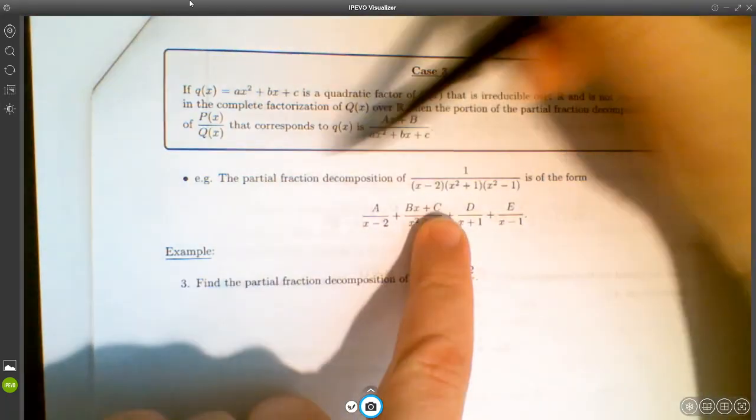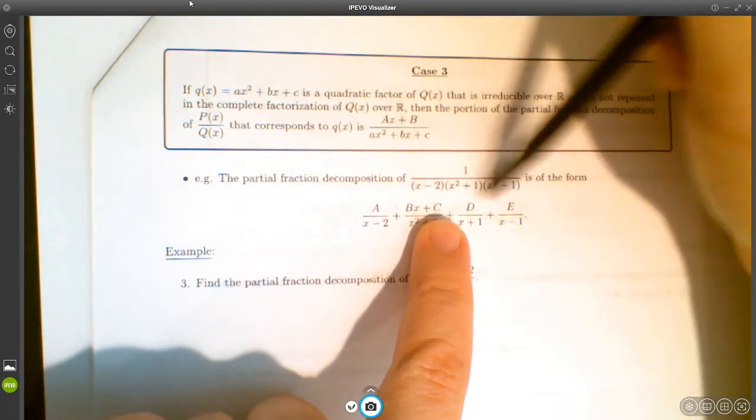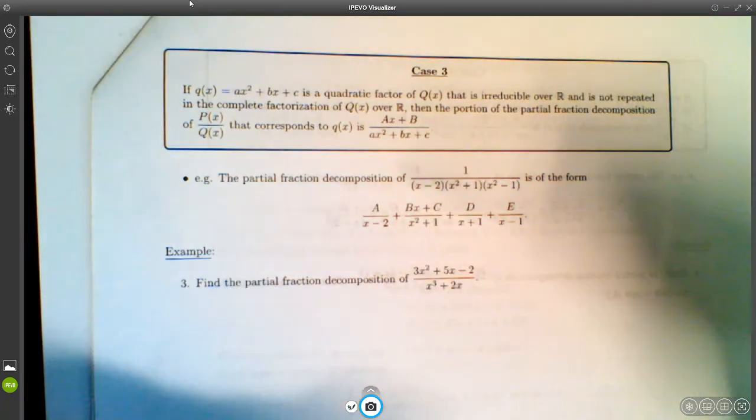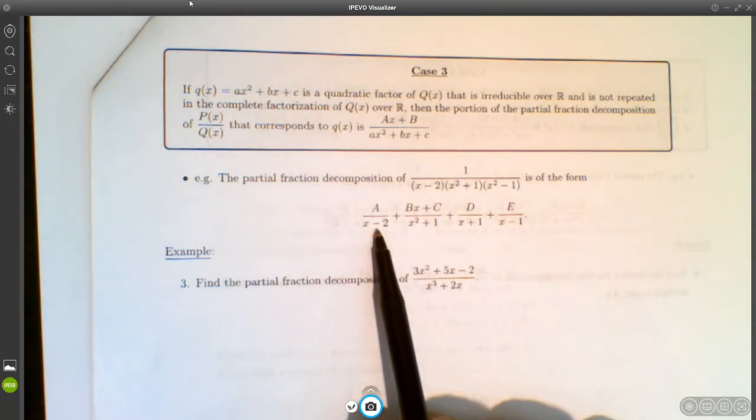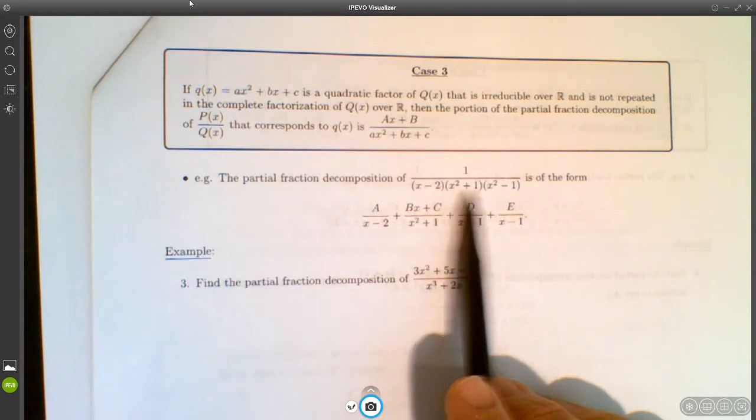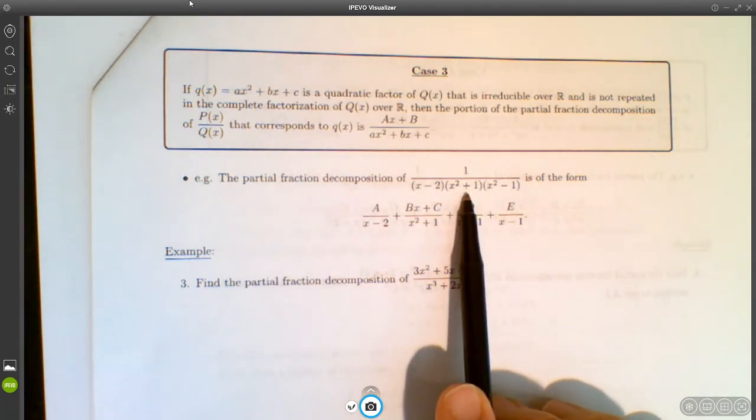So let me give you an example of this. Let's say that we wanted to find the partial fraction decomposition of this thing, right? Well, x minus 2 is just a linear term, and it's not repeated, so we only have one corresponding factor to that, right? We say A over x minus 2. That's easy. X squared plus 1, on the other hand, is a quadratic factor, and it is not factorable over the reals.